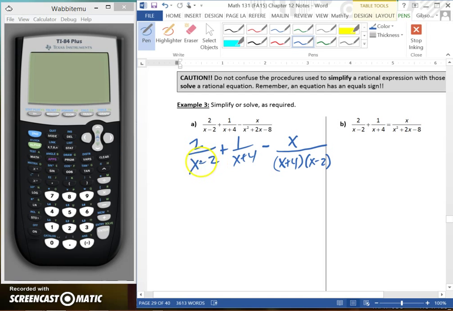So we know that we're going to have to multiply this first term by x plus 4 over x plus 4, and we'll put it in parentheses. Now we have to do the second term. We know we have to multiply this second term by x minus 2 over x minus 2.